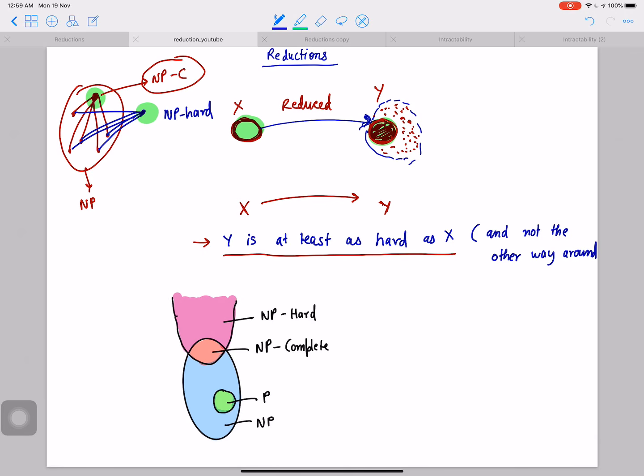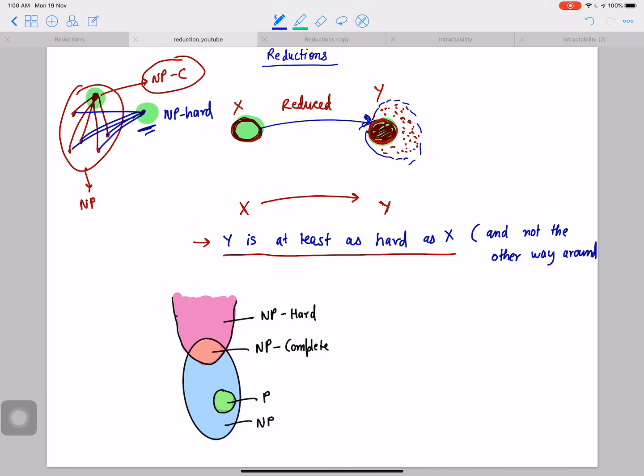So that means everything in NP reduces to them, but they are not themselves in NP. That means given a probable solution, you cannot verify that in polynomial time, and so that is NP hard.